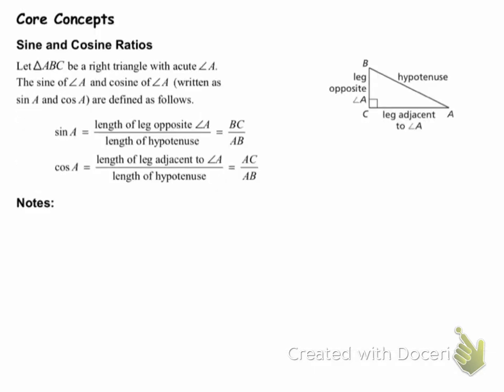So let's move to the next part. If we need to find the sine ratio, I already told you the expression we used: SOH CAH TOA. SOH is sine, CAH is cosine, and TOA we already did.